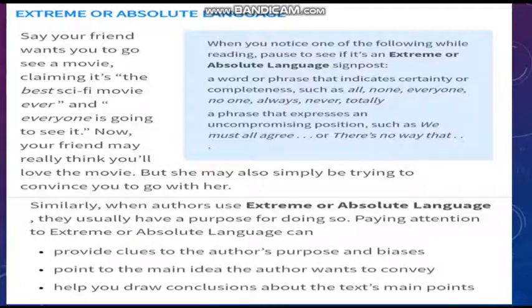Paying attention to extreme or absolute language can, number one, provide clues to the author's purpose and bias. Number two, point to the main idea the author wants to convey. Finally, help you draw conclusions about the author's main points.